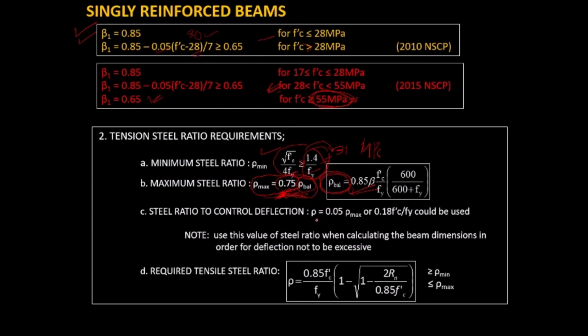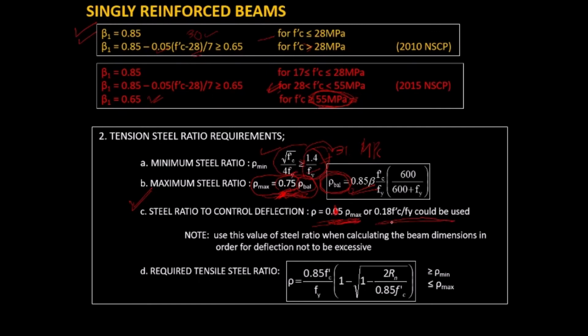Ngayon, kapag nag-design tayo, kapag we want to control the deflection, pwede na tayo mag-target o mag-set na yung rho actual na gagamitin natin is around 0.5 of rho max. Ano yung rho max? 0.05 or is it 0.5? Correct, 0.5 rho max, or that is equal to 0.5 times 0.75 of rho balance. Multiply nyo yung 0.5 times 0.75. Or we can use this value.